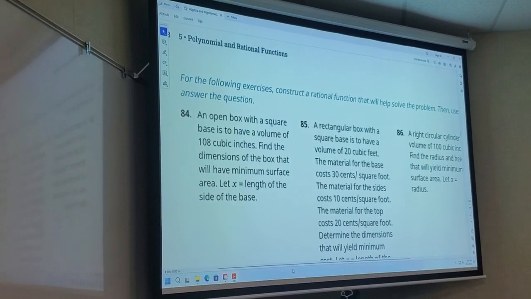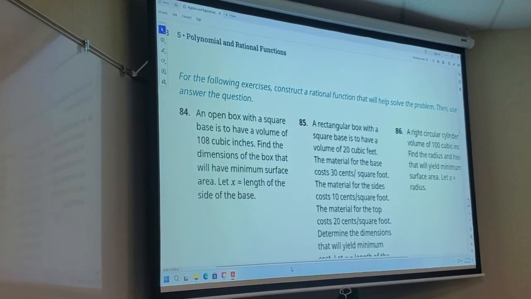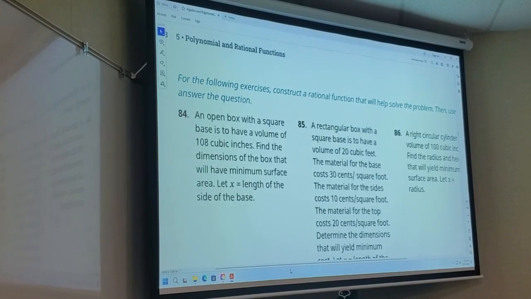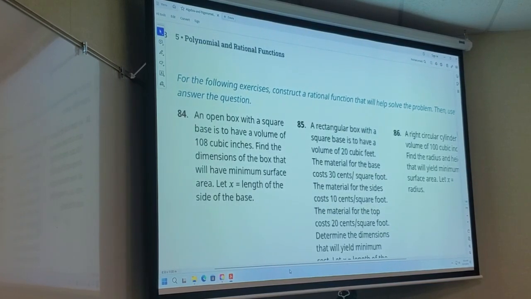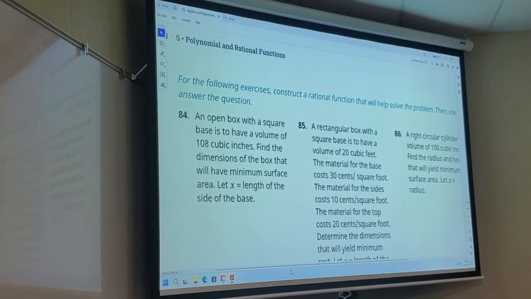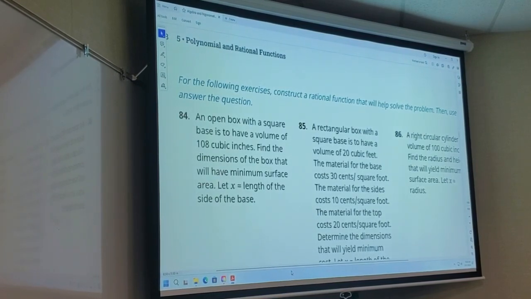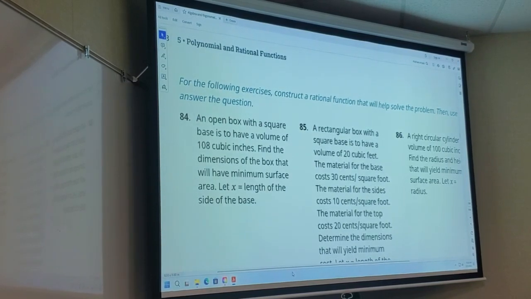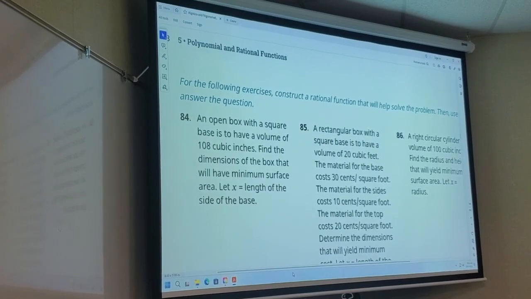On number 84, notice it says construct a rational function that will help solve the problem, but then you're allowed to just plug it in the calculator. You're trying to find intercepts at that point. If you haven't tried 84 yet, try it out. But if you have and you have a question, feel free.